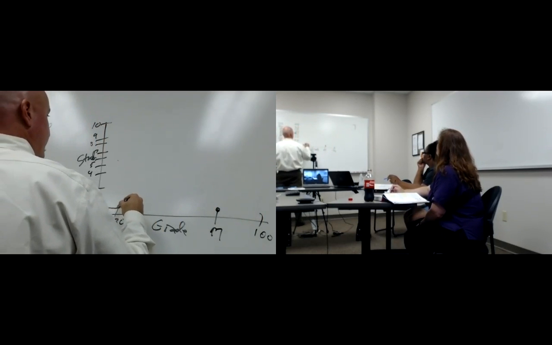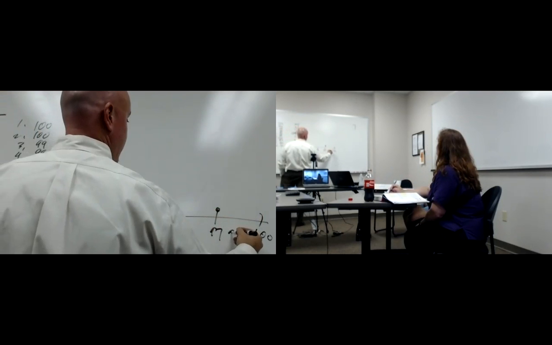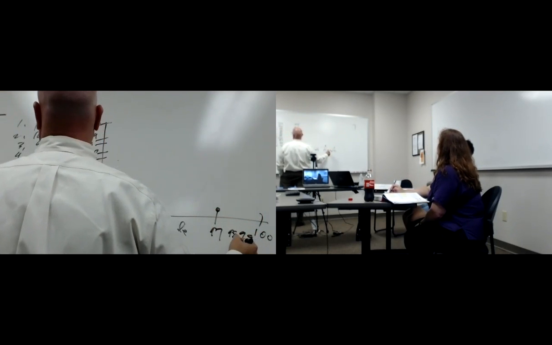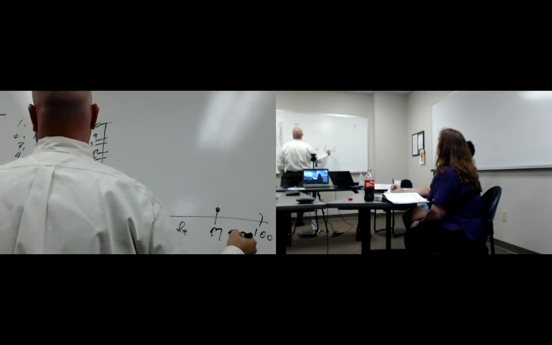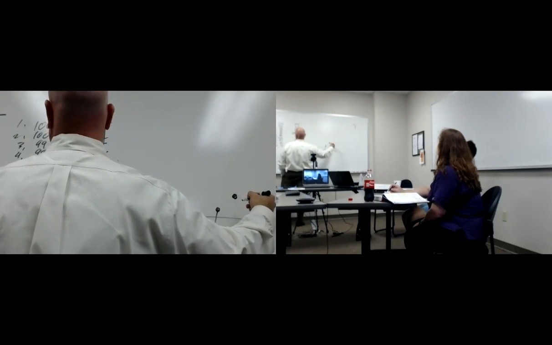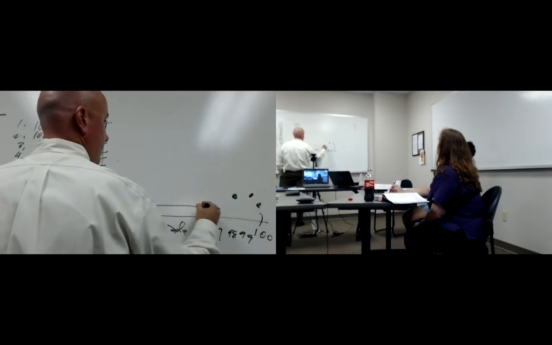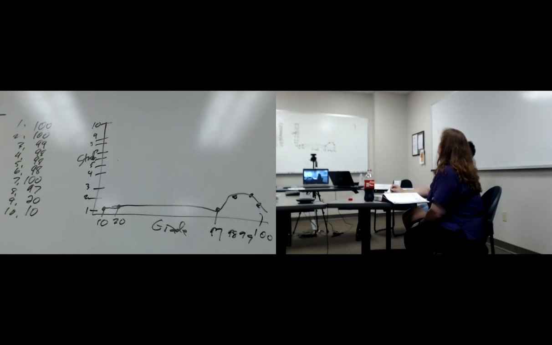Then I got 98 and 99, and 1, 2, 3. So 3 up here, 1 and 2. So I'm going to be graphed looking like that. That's not a good skew, but you can still see how I'm skewed.